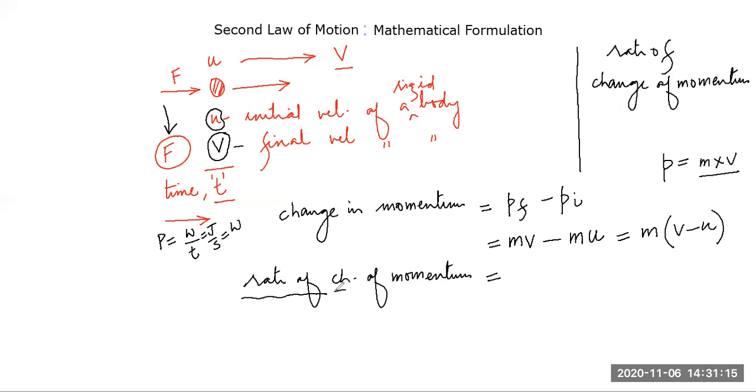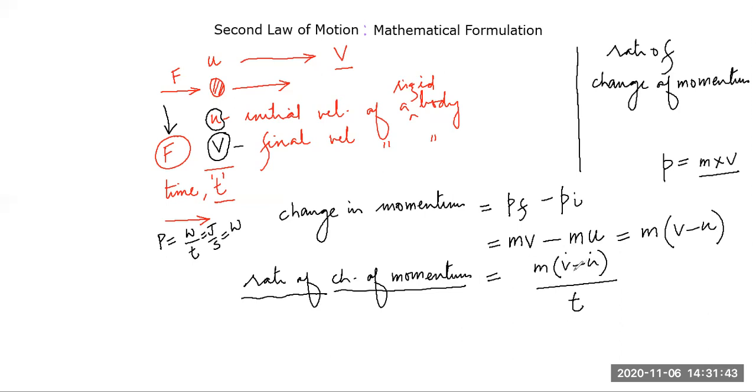First you write what is change in momentum. Change in momentum is m into (v minus u), divided by the time duration for which the force was applicable. The force was being applied for t seconds, so that in that t seconds the initial velocity u changed to final velocity v.